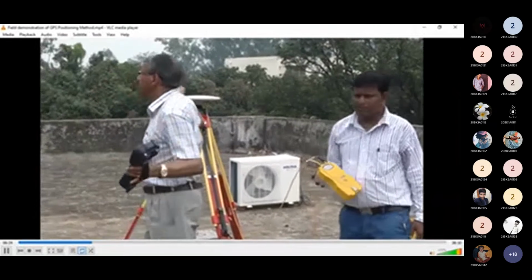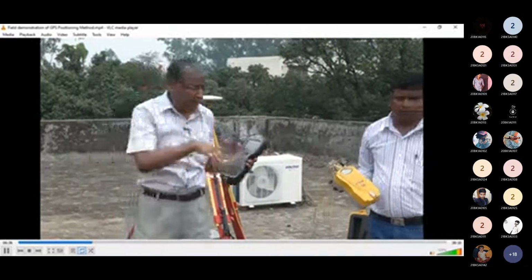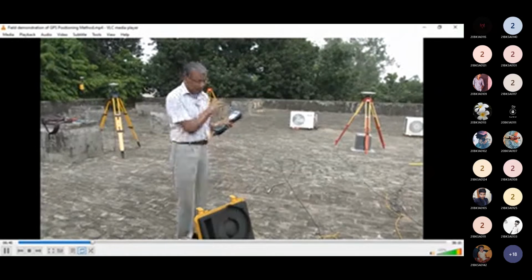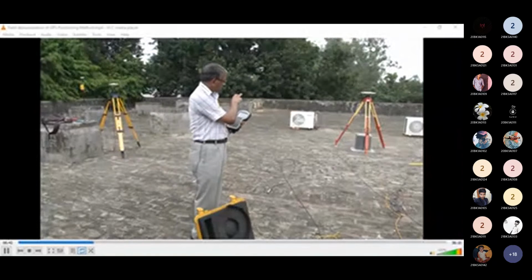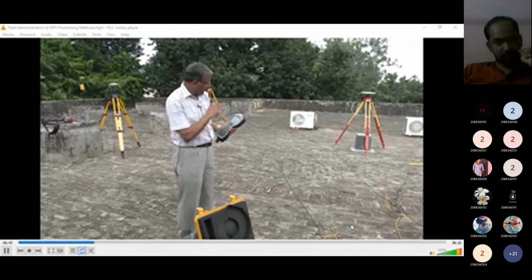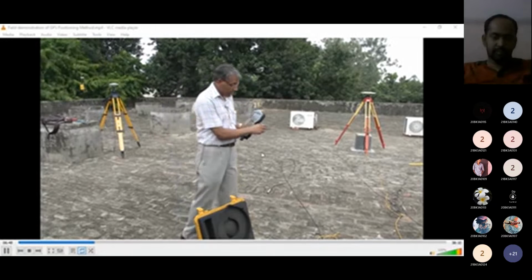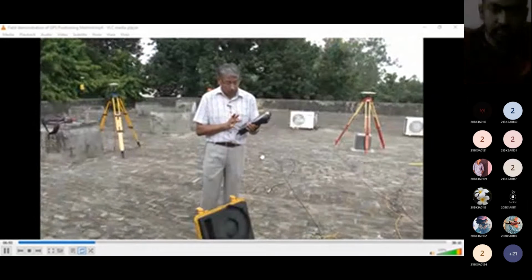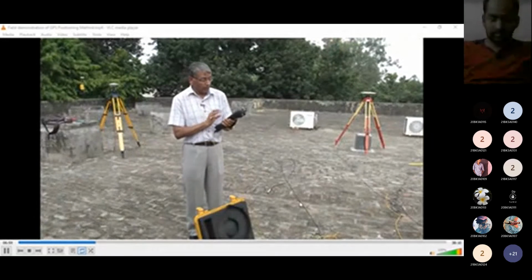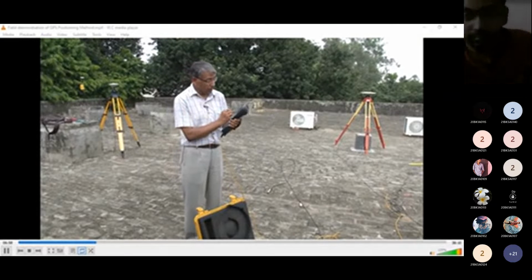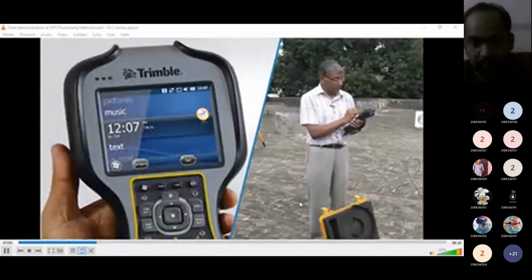We have taken our reference station on the top of the roof. After the receiver has been set up, that means the antenna has been centered and leveled on the reference station point, and the proper connection made with the receiver as well as the controller, first we have to open this controller, so that we get this screen.